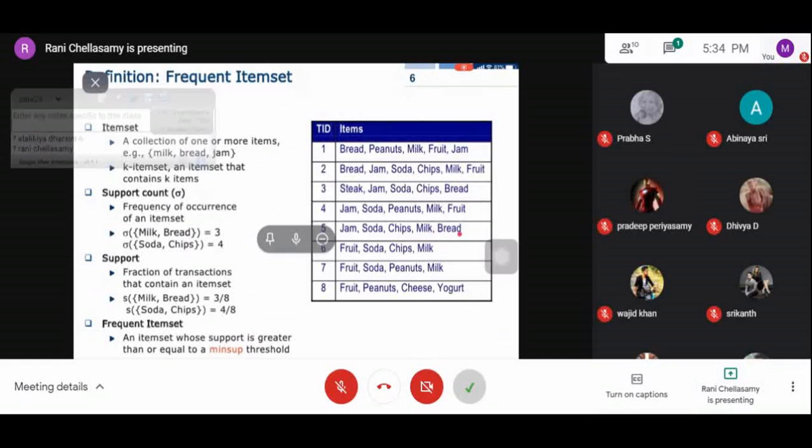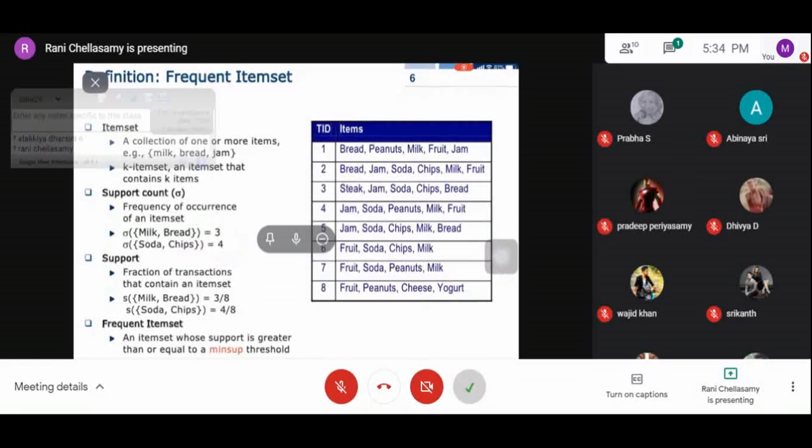That's all. So the number of occurrences of milk and bread in the transaction database is 3. This is called the support count. Now find the support count of soda and chips. You have to find the count of occurrences of the combination in the transactions, and that is 4.